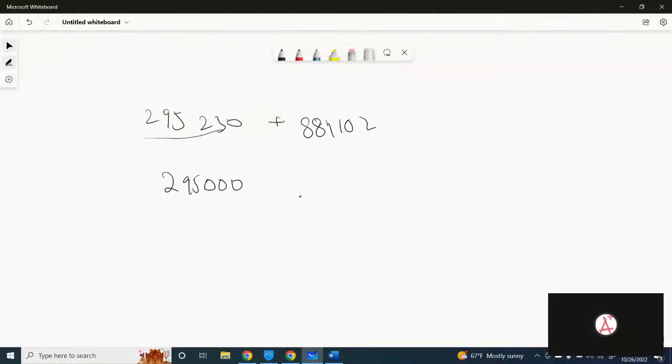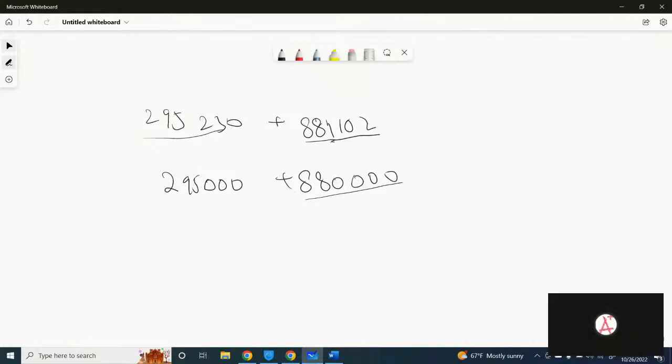Got it? And then you have 881,102, so you can round off the number to 880,000, because here you can adjust the one to the nearest thousand. So it would be estimated to 880,000. Got it? Just add them.